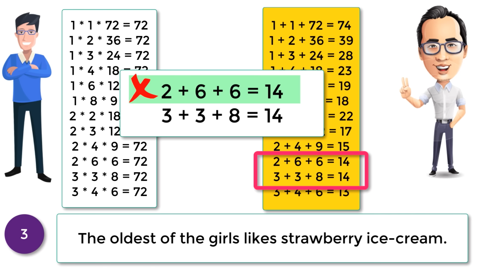That means the oldest daughter cannot be of 2 numbers. Hence we can rule out the 2 plus 6 plus 6 option, because there are 2 oldest daughters in this case. So the ages must be 3, 3 and 8, and that's the solution. So the ages of the 3 daughters are 3, 3 and 8.